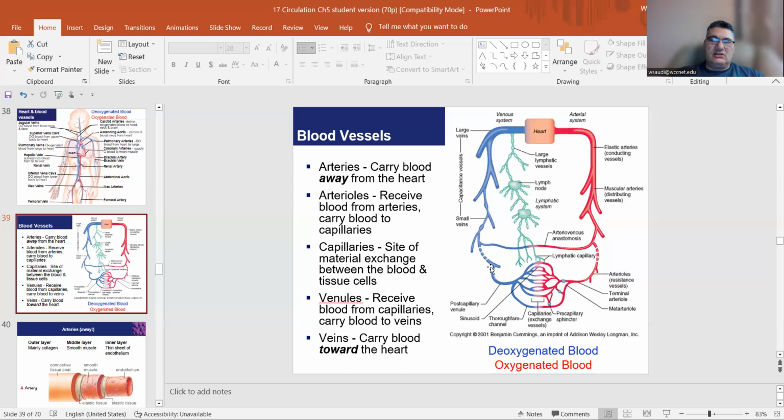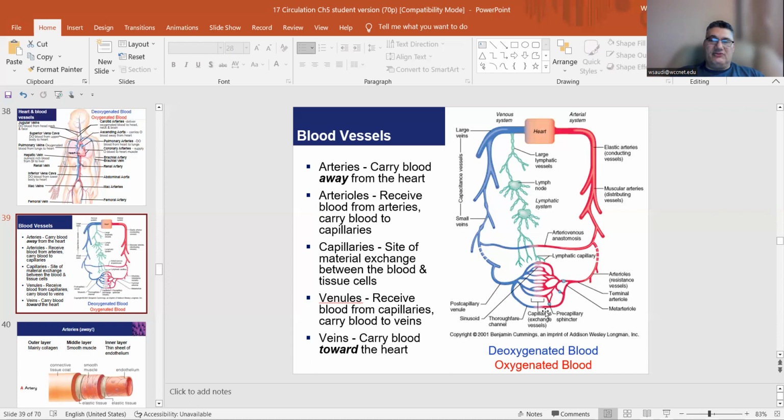to the venules, to the veins, superior and inferior vena cava, back to the heart. Arteries, arterioles, capillaries, the other side of the capillaries, venules, veins, superior vena cava, inferior vena cava, back to the heart, and it repeats.